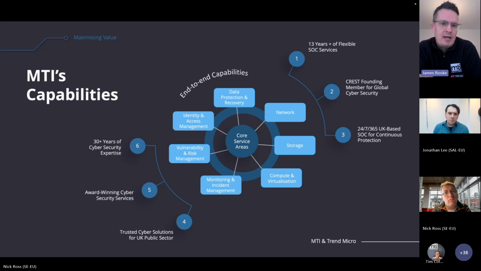We understand, or will help you to understand, your current posture, the landscape, the threats, the complexities around regulation and compliance and policies, people, technologies. The list goes on. But our approach at MTI is to form close partnerships with our customers and become part of your team and understand your challenges, your goals and objectives.